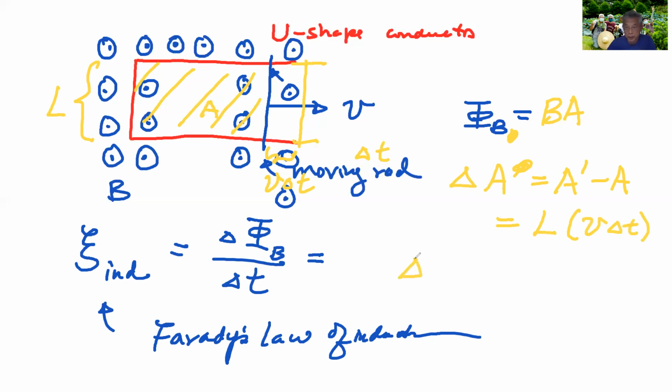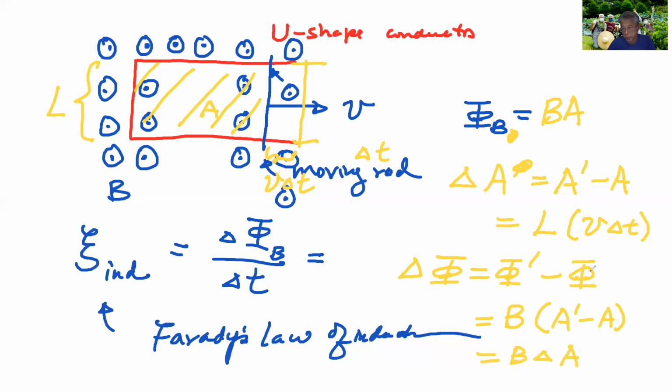All right, so now we can calculate delta phi, which is equal to phi prime minus original phi. I'm dropping the B here. So that's equal to B times A prime minus A, and B doesn't change. So that's equal to B times delta A, which is B L v delta t.